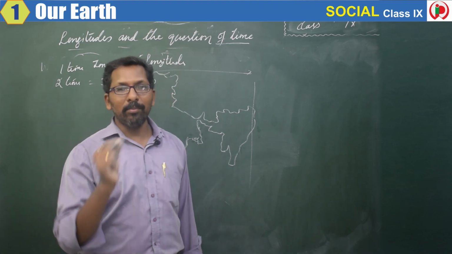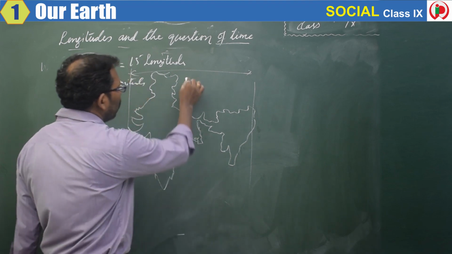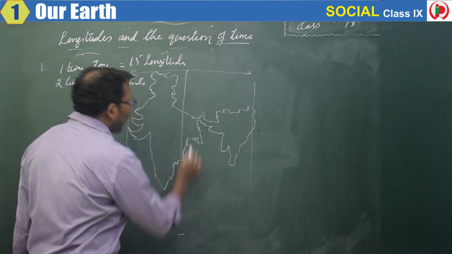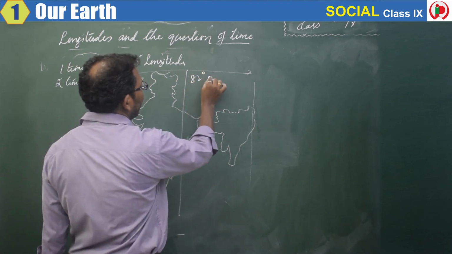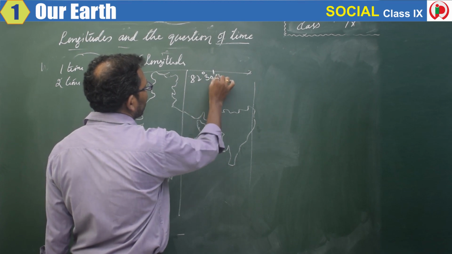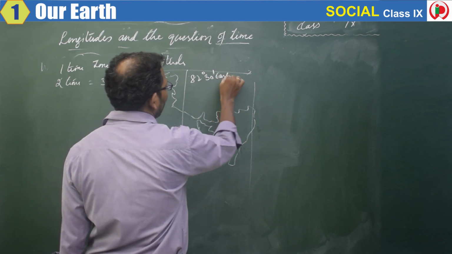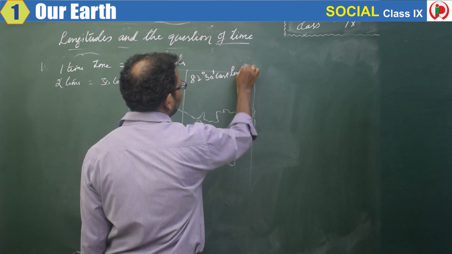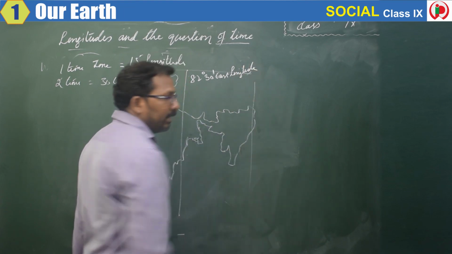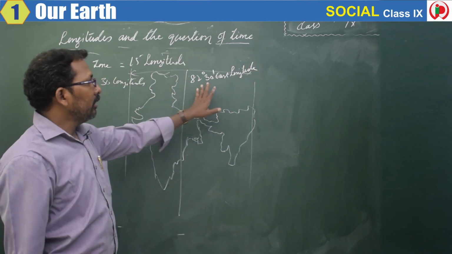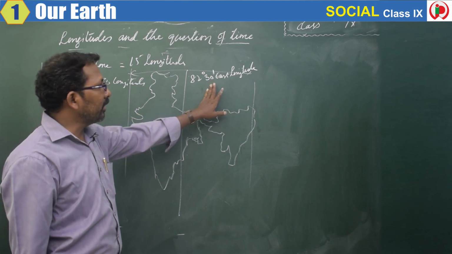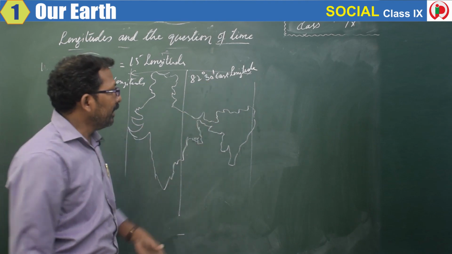What standard has India chosen? India has chosen 82 degrees 30 minutes east longitude as the Indian Standard Time.